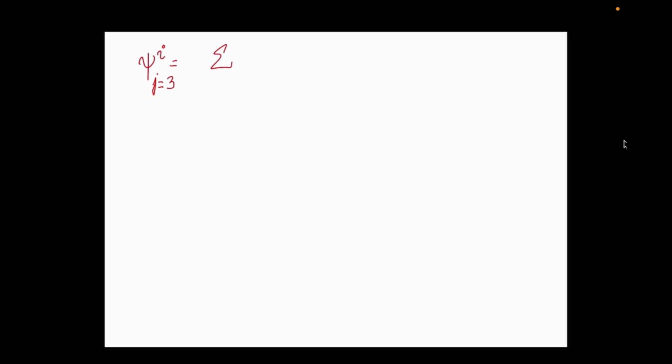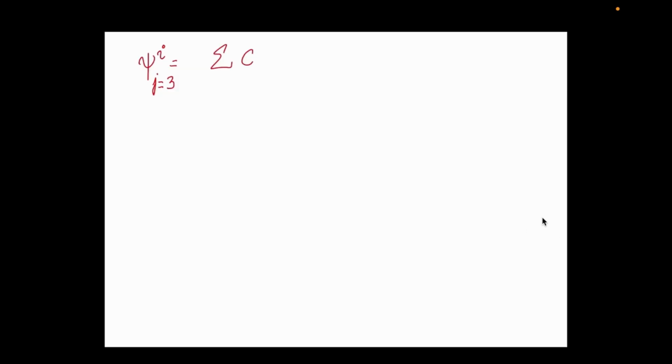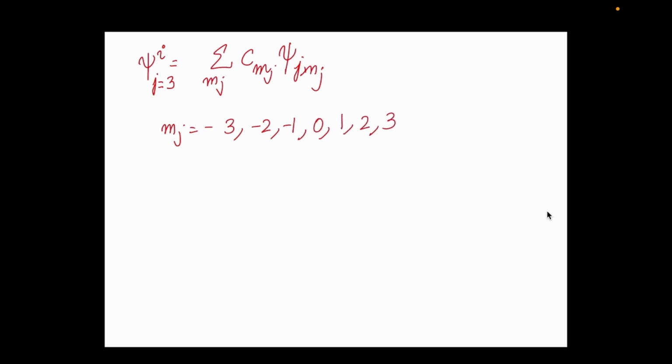Now corresponding to j, your state can be psi j m, where mj goes from -3, -2, -1, 0, 1, 2 and 3.